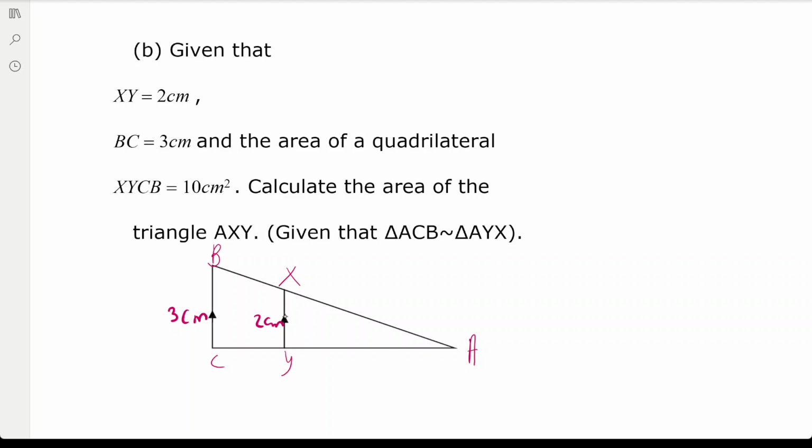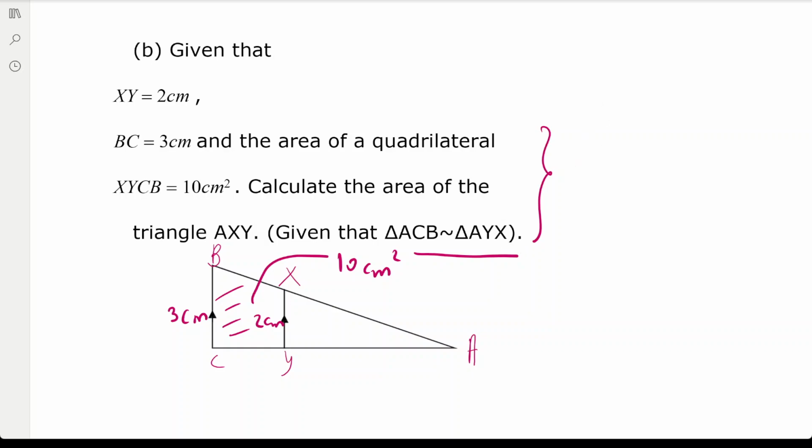And the area of the quadrilateral, this area here, dear students, is 10 centimeters square. Calculate the area of triangle AXY.